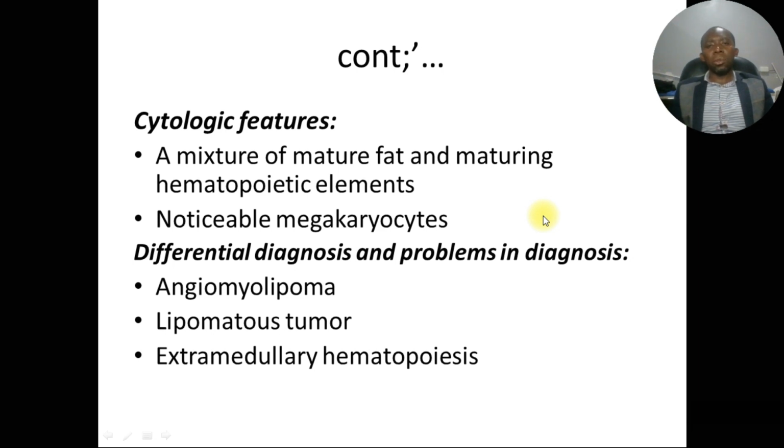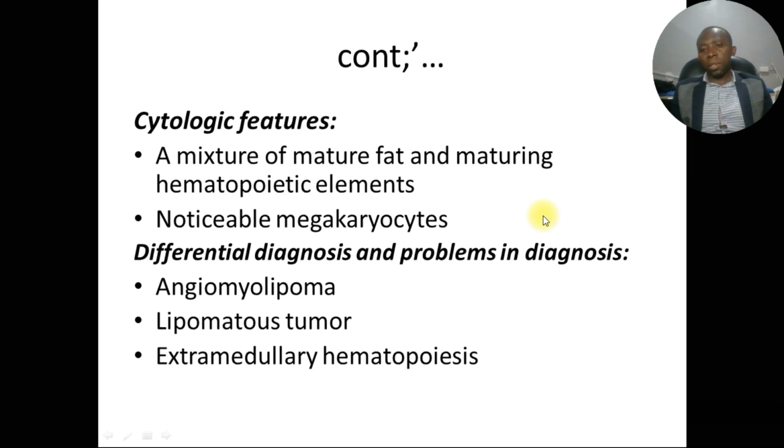We need to look at the cytologic features that will help us during our examination. Here we look at a condition where we shall have a mixture of mature fat and maturing hematopoietic elements, which shall appear in the slide, and noticeable megakaryocytes, just as mentioned on our previous slide. These are very important.